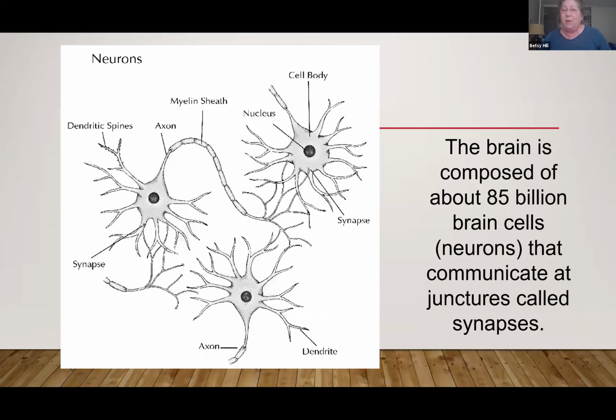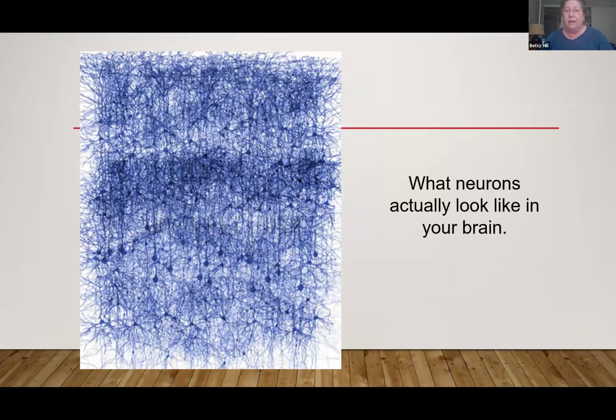And this communication, all of this activity, sending messages back and forth among these neurons, is the basis of all behavior. So everything that we do, everything that we think, is all about these groups of little cells in our heads conducting all of this activity and sending messages. This is a slide of brain tissue. This is what neurons look like. Obviously, this is enlarged many times.